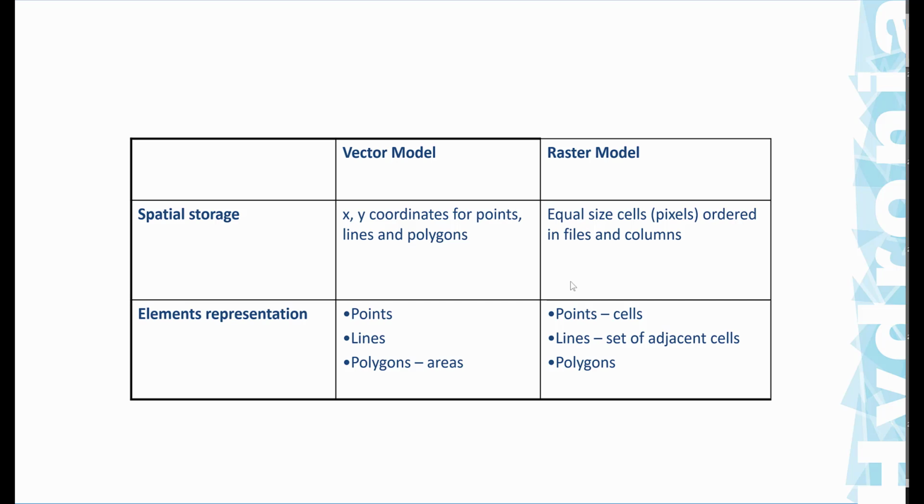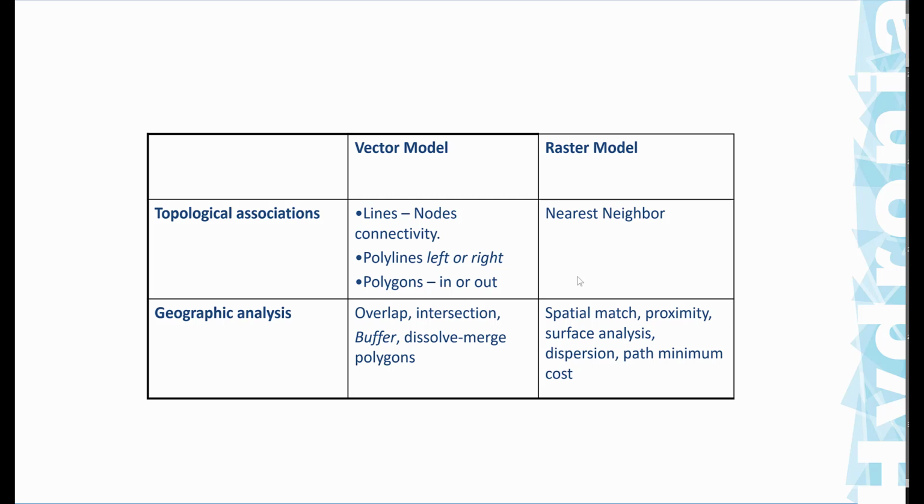The raster representation is based on cells, as I mentioned, that are regular in size, and in the model we use raster cells that are mainly squares. The vector and raster models also have some differences related to topological associations. For instance, in the vector model, you only are allowed to have points, polylines, or polygons.